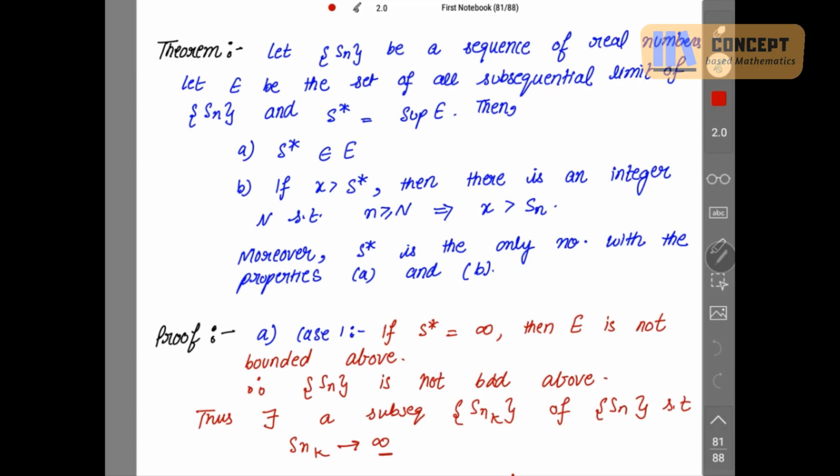Let's check again. If X is greater than S star, then we have to prove that X is also greater than the elements of the sequence Sn. Now suppose there is a number X which is greater than S star such that Sn is greater than or equal to X. We have to prove this by contradiction. Let's take the opposite of this and contradict the result.